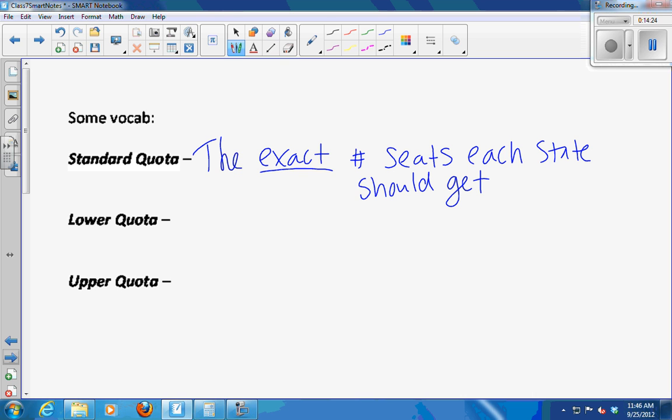The lower quota is your standard quota rounded down. No matter what the decimal is, whether it's above 0.5 or below 0.5, you round it down, and we call that thing the lower quota. And if you round it up, that's called the upper quota.